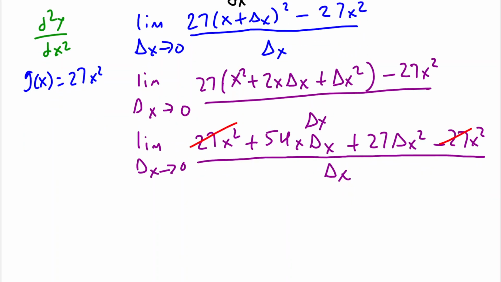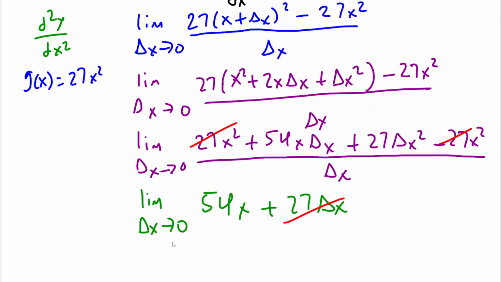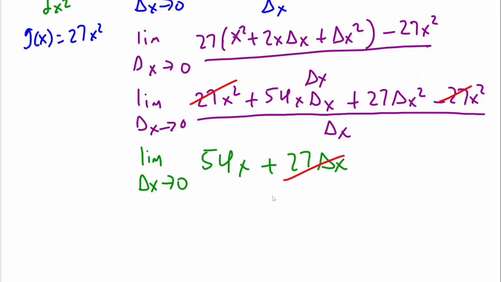And then we're left with the limit as delta x approaches 0 of, again, splitting these into fractions, 54x plus 27 delta x. This goes to 0, directly substituting 0 in for delta x, and so we get 54x. So this is our final answer. d squared y by dx squared is 54x.